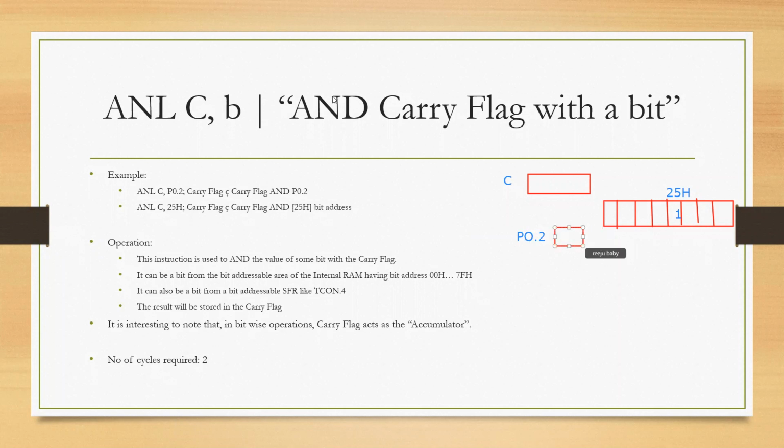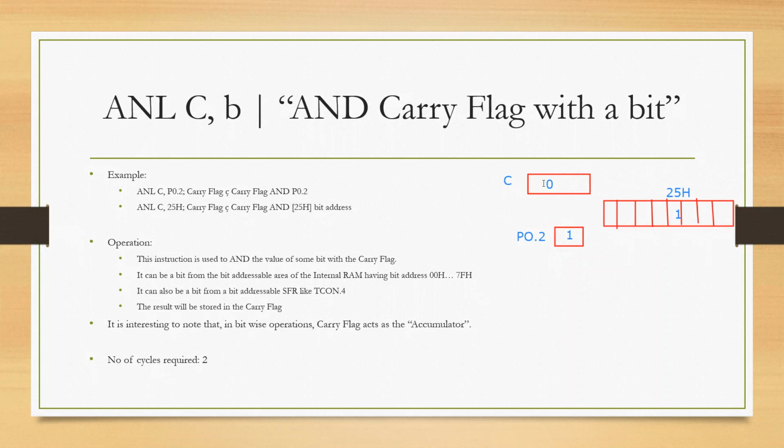For bit 0, let it be 1. The carry flag initially has some value. Here, ANL C, P0.2 means the carry flag is ANDed with P0.2.